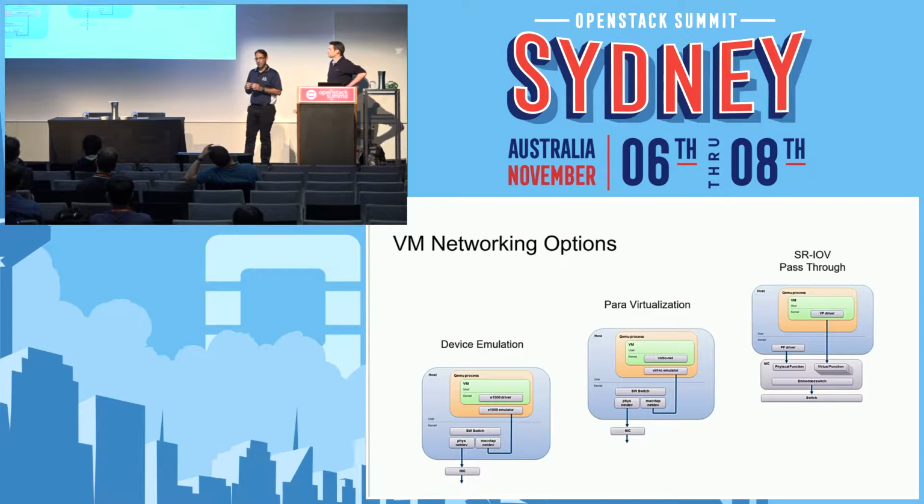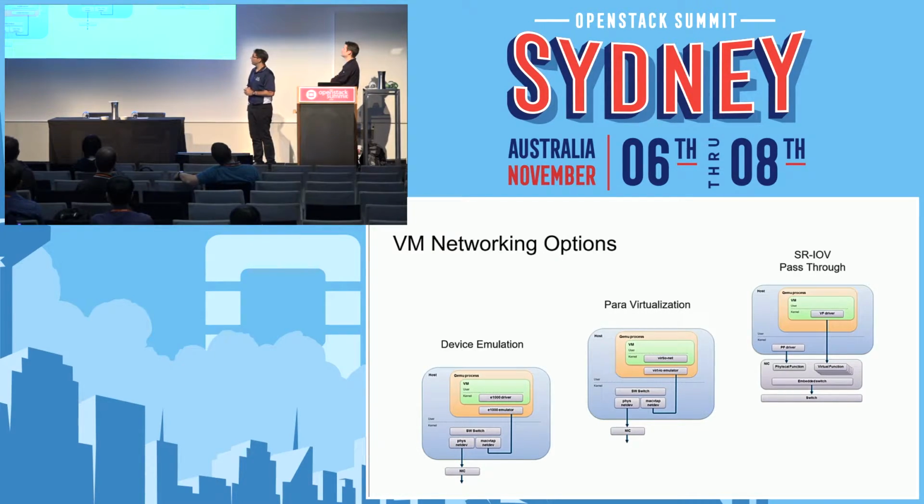Basically, the VM had an emulation of a network device. At the time, it was E1000, a very popular Intel driver. And the hypervisor was emulating PCI, completely interfacing that virtual driver. And that worked. It was very flexible. Performance-wise, obviously, it wasn't that great.